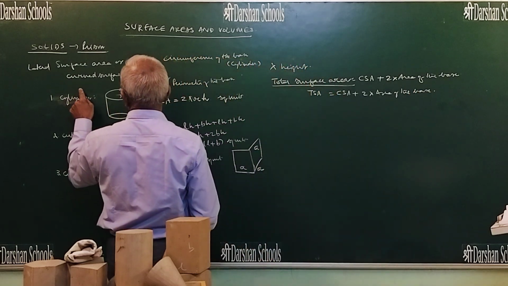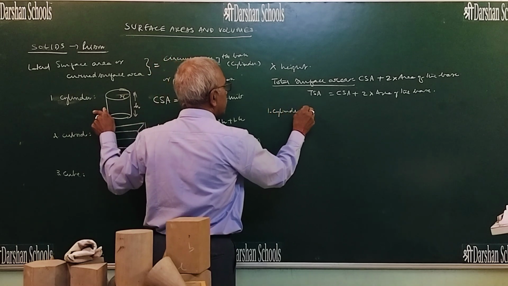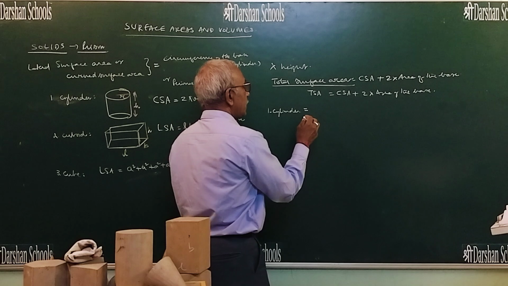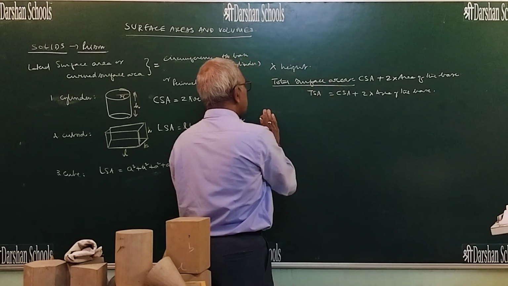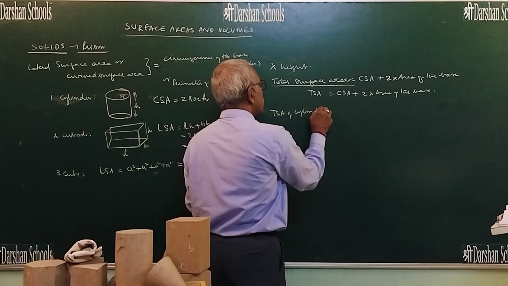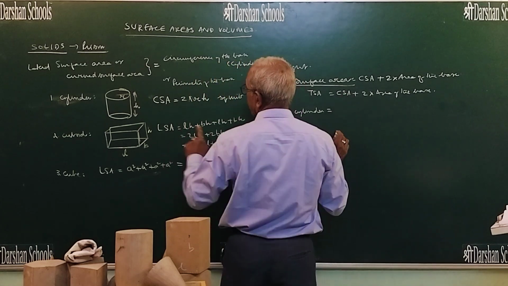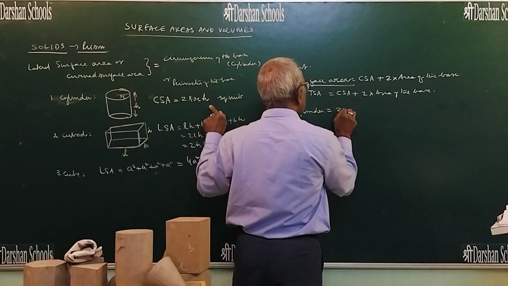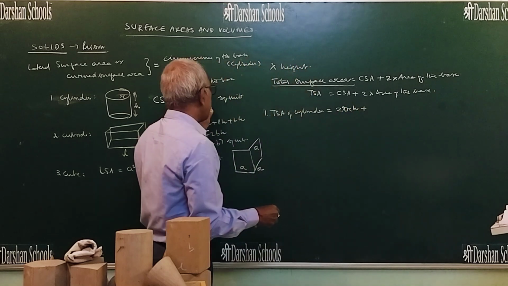So let us consider again one cylinder. For a cylinder, the total surface area is given by TSA of cylinder, let us write. TSA of a cylinder is given by curved surface area, that is 2 pi r h, plus area of the base.